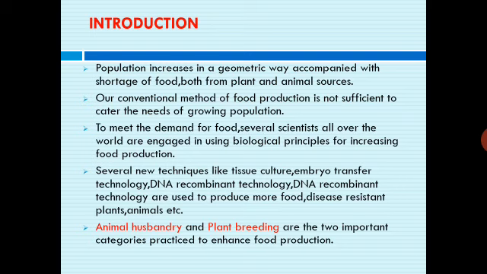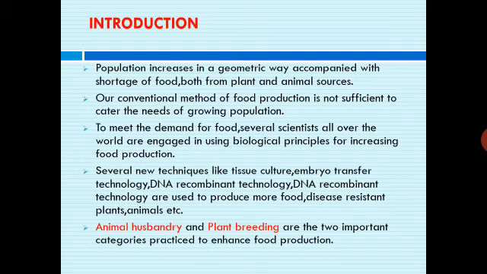To meet the demand for food, scientists all over the world are using biological principles for increasing food production. Several new techniques like tissue culture, embryo transfer technology and recombinant DNA technology are used to produce more food, and disease resistant plants, animals, etc.